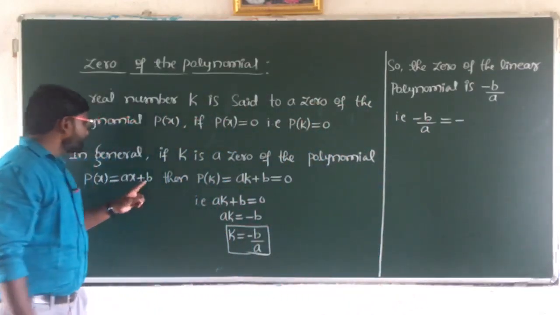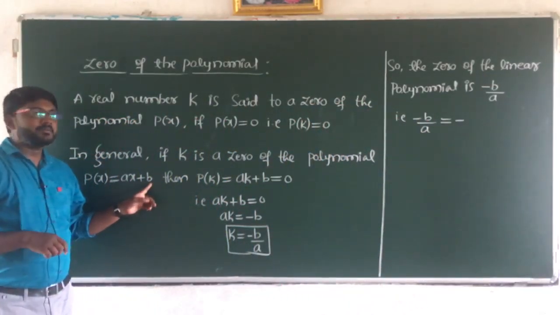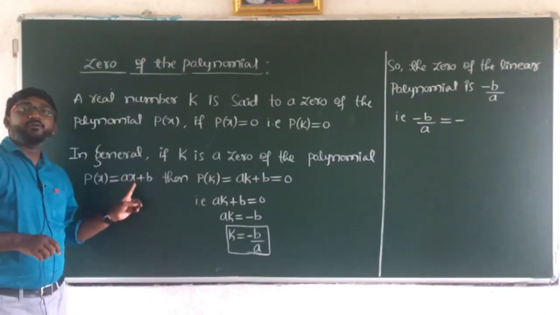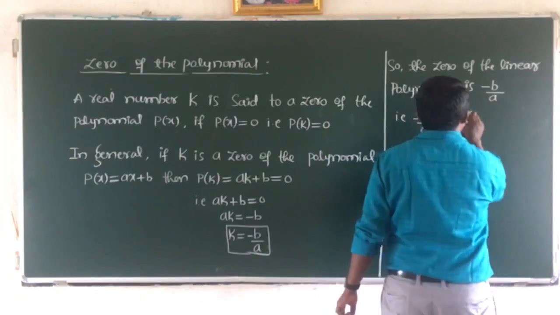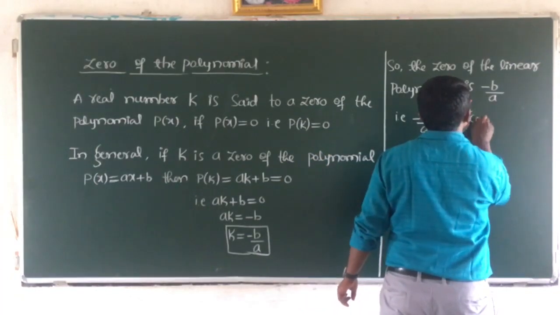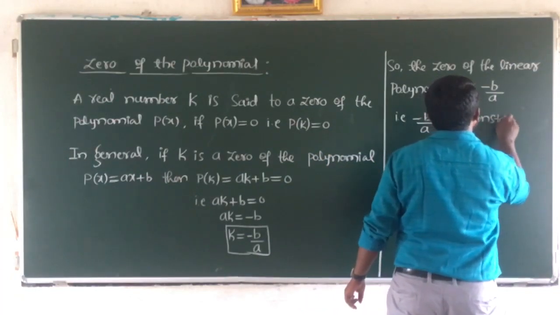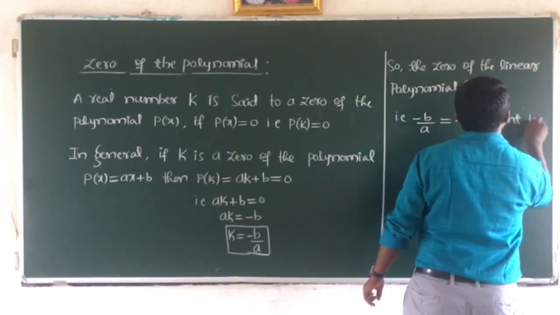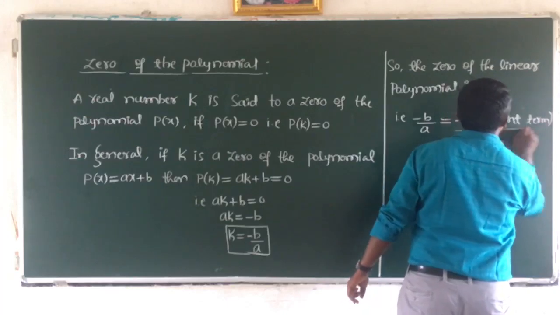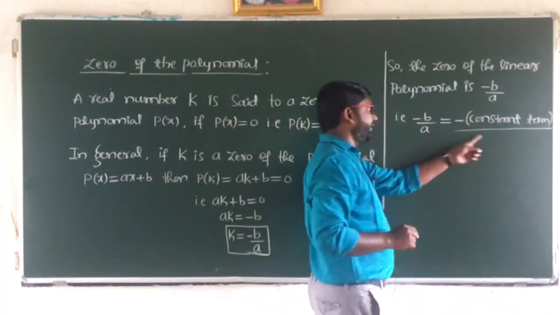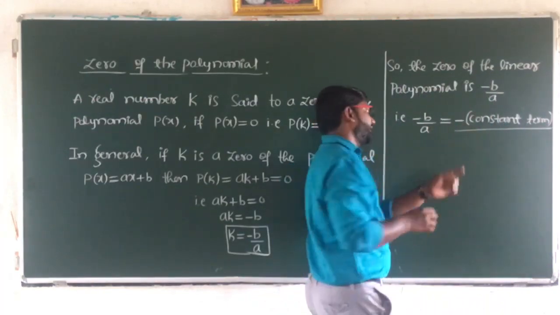Here b is the constant term, and a is the coefficient of x. So, the zero is minus the constant term divided by the coefficient of x.